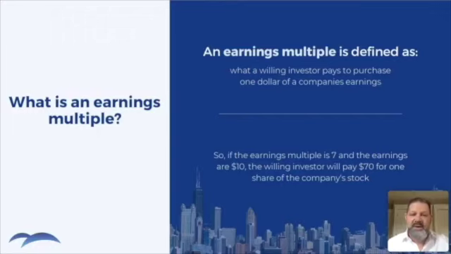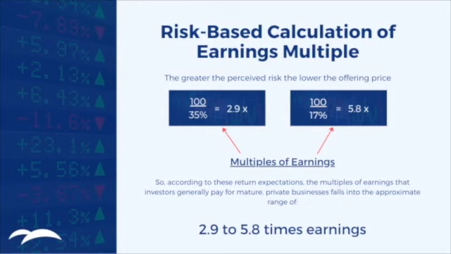Some people define that as net profit, but there are other calculations which in future webinars we'll go through in great detail. Suffice it to say for right now that it's the net number of what you are taking away from your business. Now, when you look at that earnings multiple, there are some key factors in the mind of the investor. And what is the investor thinking about? He's thinking about his risk.